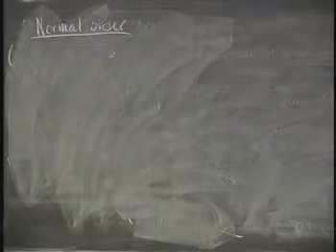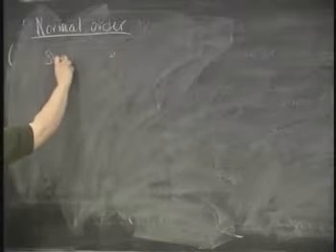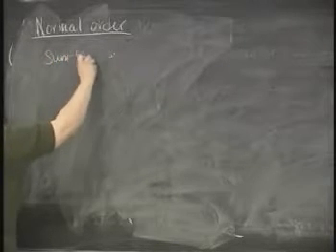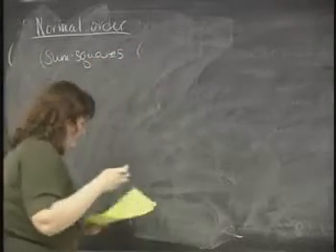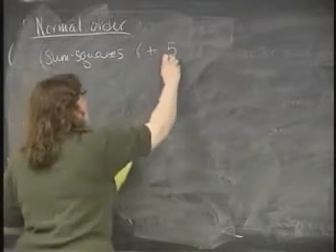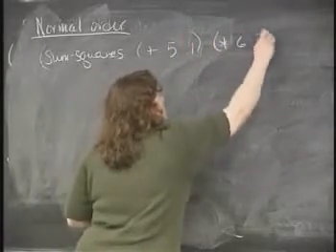Label it as such because it is different from Scheme, from the normal substitution model. So let's do sum of squares of plus 5, 1 and times 6, 2.